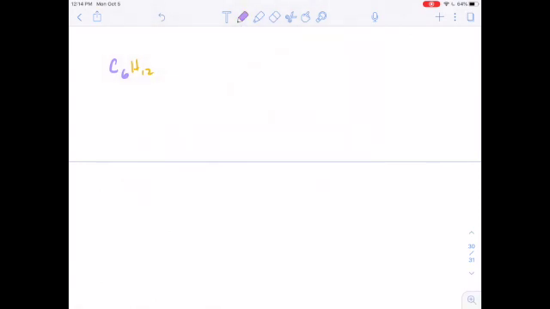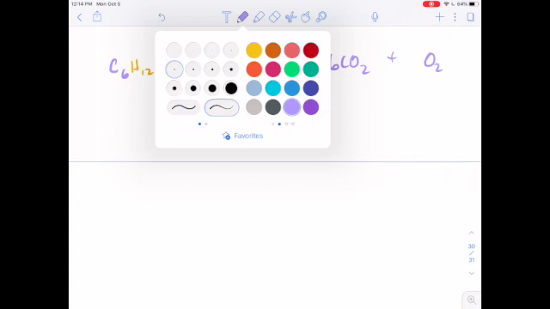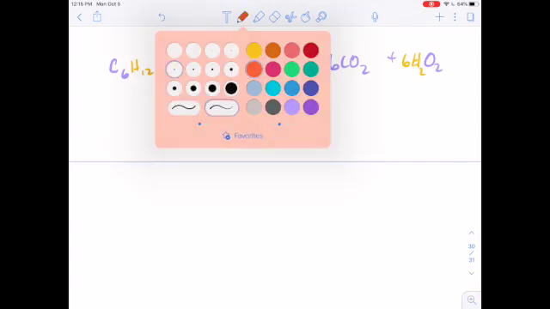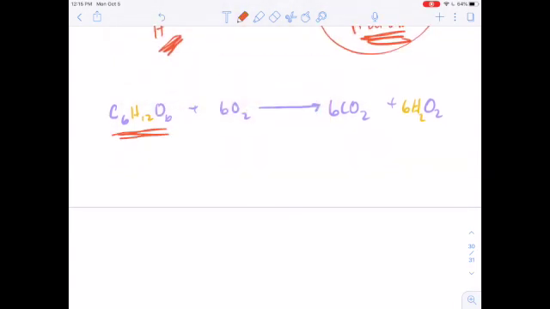C6H12O6 plus 6O2, becoming 6CO2 plus 6 water molecules. And I color-coded these things for a reason. All right, I'm looking over here at glucose, and I am 100% convinced that all of these carbons in glucose get converted to CO2.